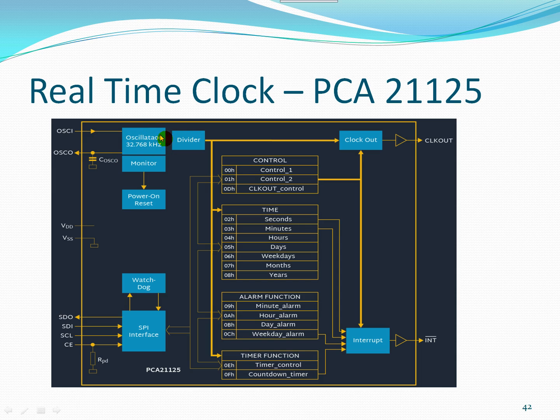The oscillator circuit will be generating this much clock signal, and that clock signal is given to this divider. This divider feeds the memory segment of the real-time clock.